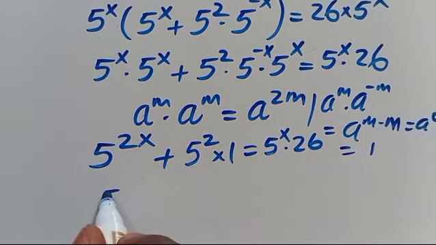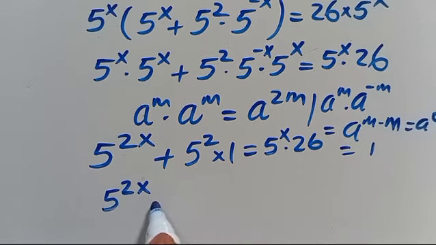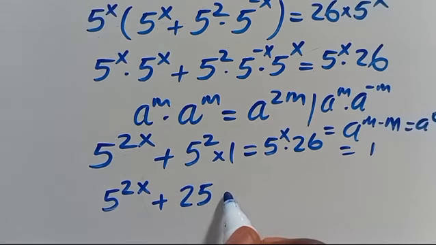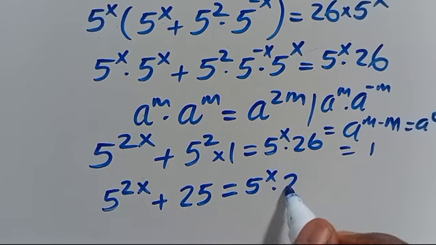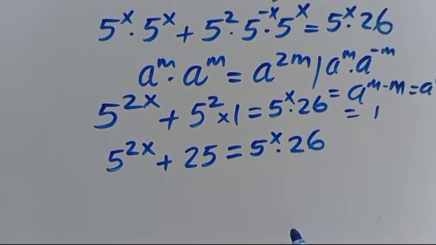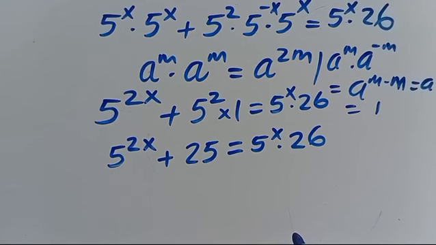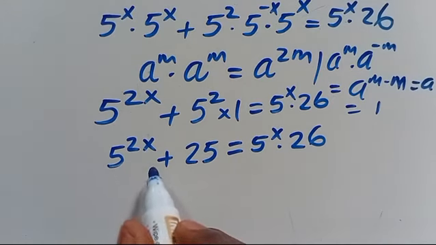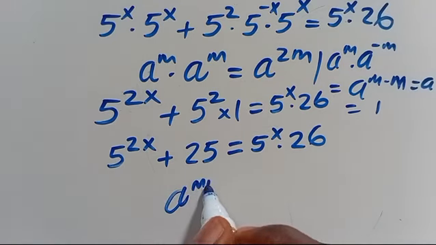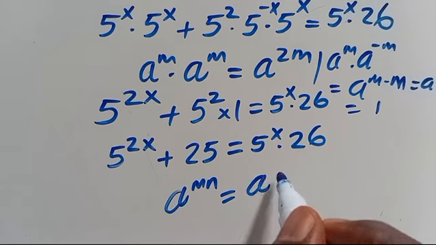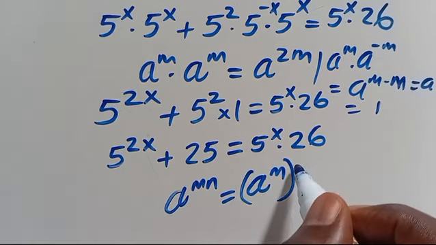We have 5 to the power of 2x plus 5 to the power of 2, which is 25, equals 5 to the power of x multiplied by 26. From here, we can write this using the rule that a to the power of mn equals a to the power of m in parentheses to the power of n.